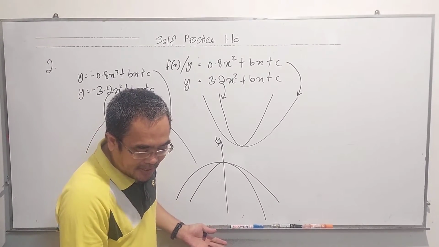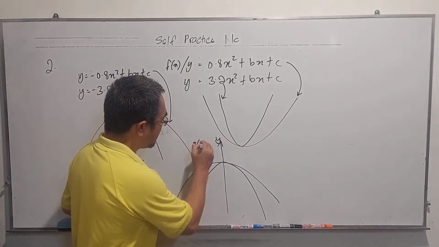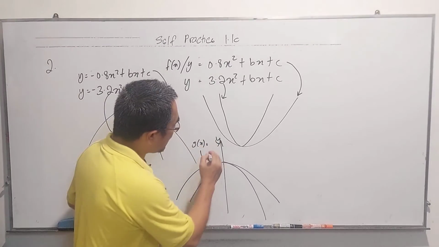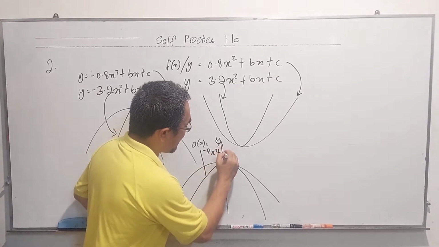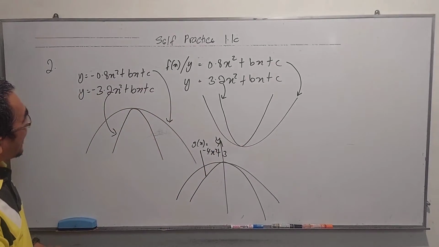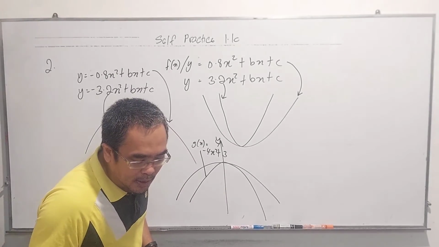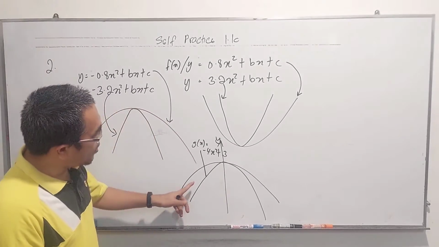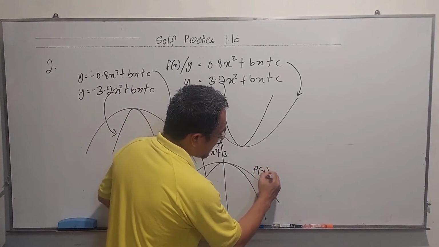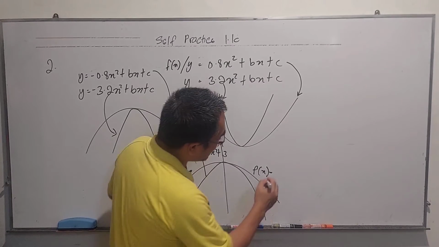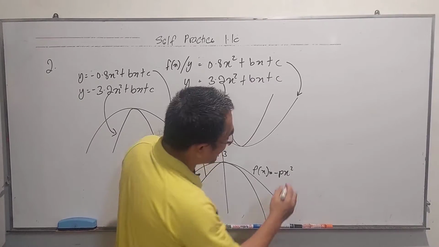What is given? This is g(x) is negative 4x squared plus 3. What we notice is that this one is for the smaller one. For the bigger one, f(x) is negative px squared plus 3.